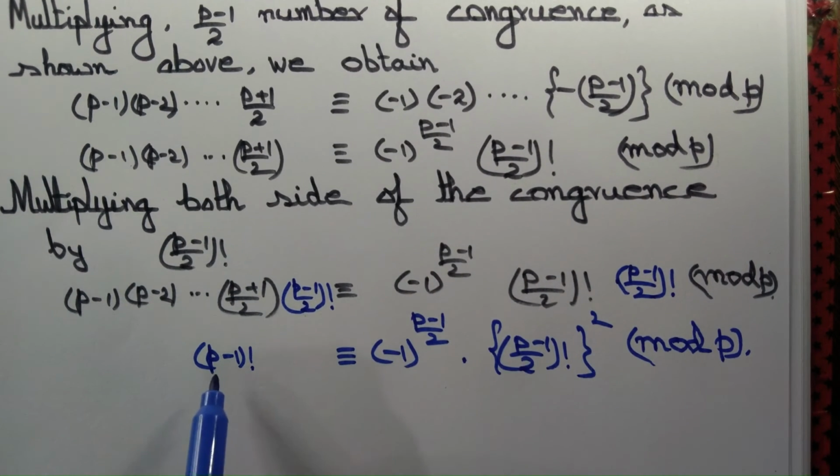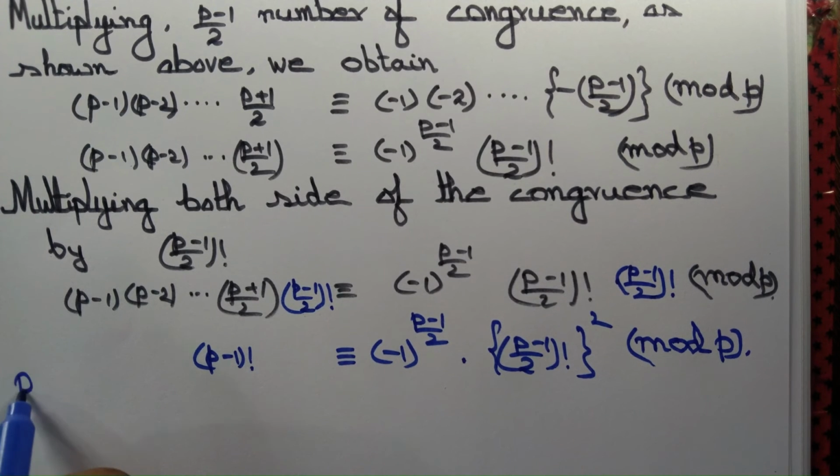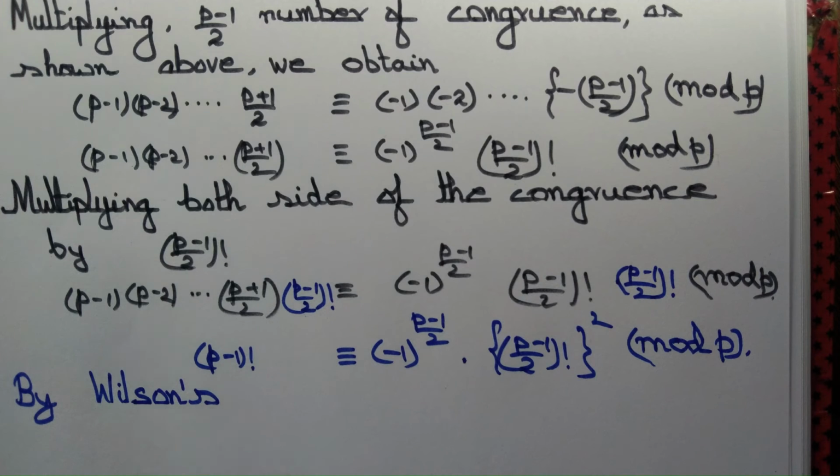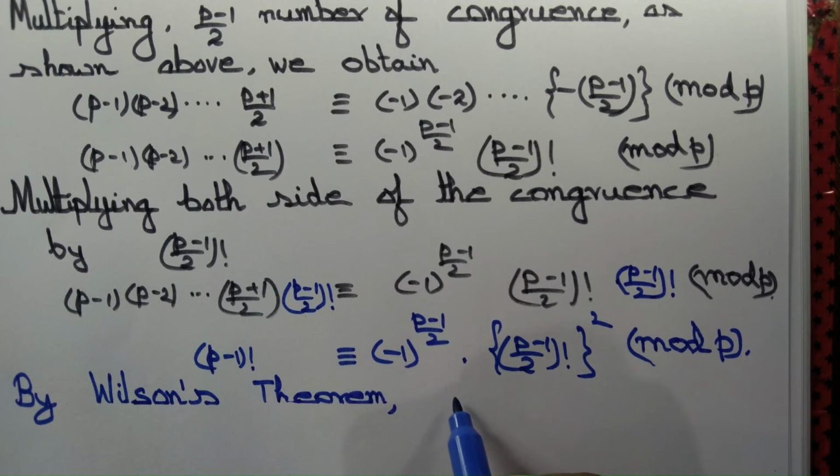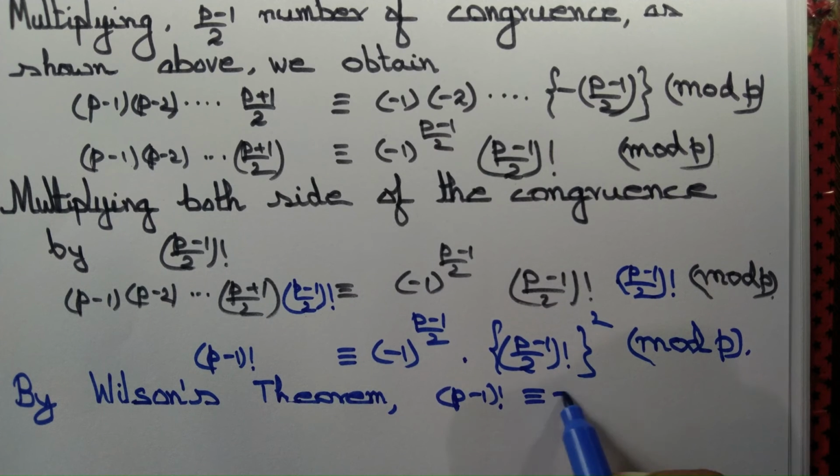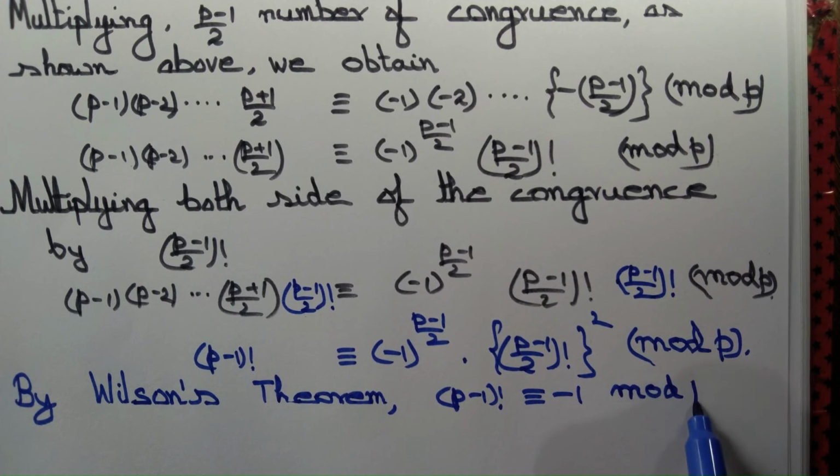Okay, by Wilson's theorem, factorial p minus 1 is congruent to minus 1 mod p. Nice.